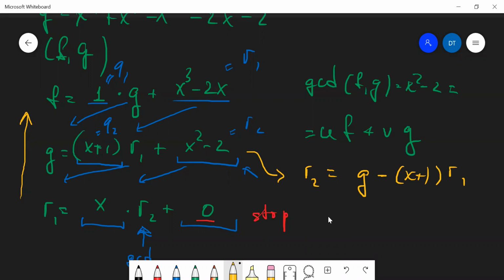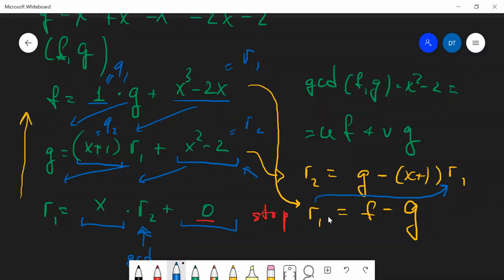Okay? And then from the first expression, you see that R1 is equal to F minus G. So you can substitute R1 here, and you will get the required expression for the GCD.